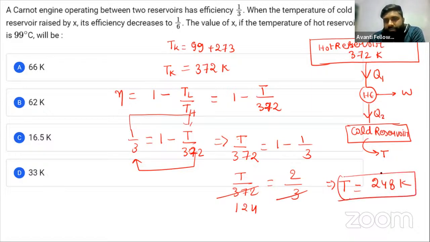But this is not our answer. Now this cold reservoir temperature is increased by X, and then the efficiency decreases to 1/6.